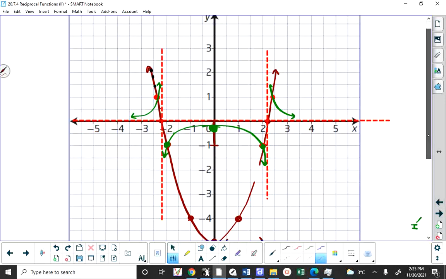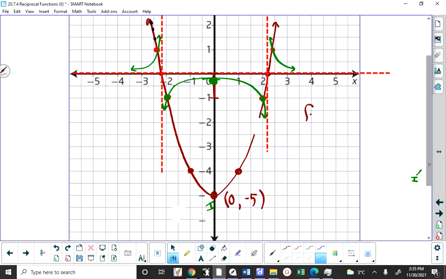Well, no, you know what? It's pretty crowded. Let's do it this way. F of x, the y-intercept is -5. The x-intercepts are plus or minus √5.